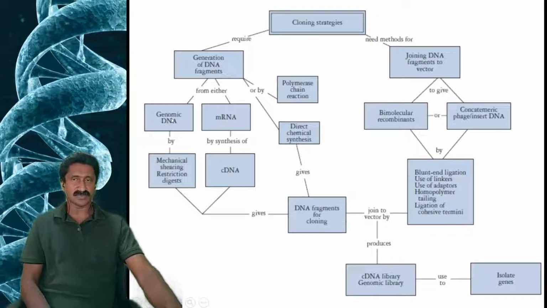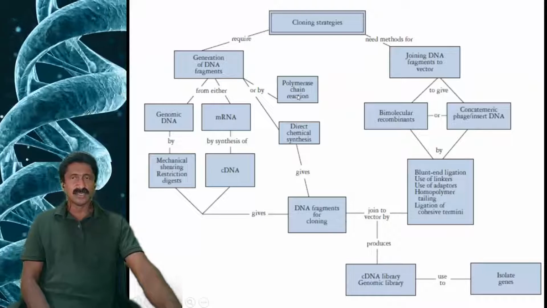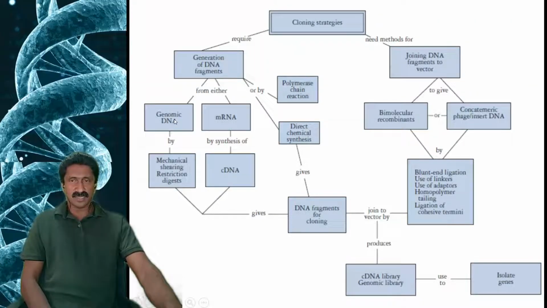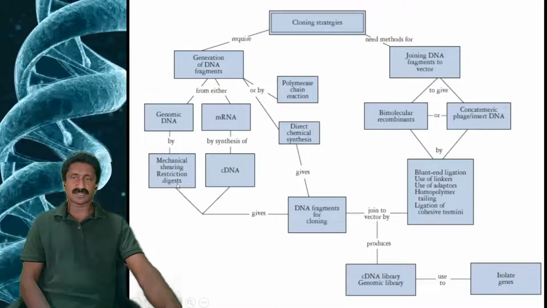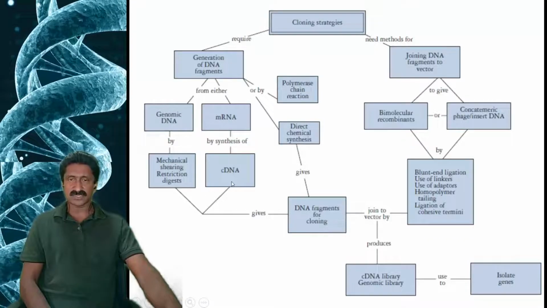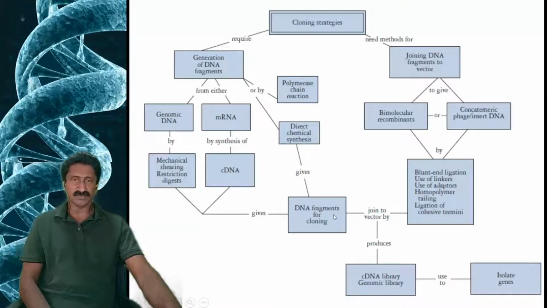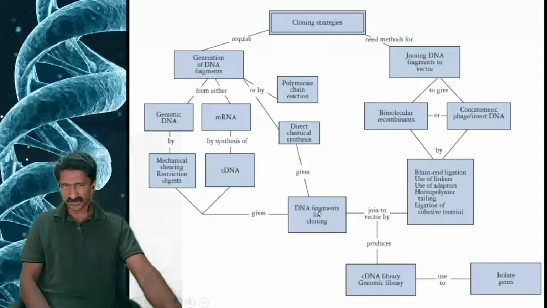From genomic DNA, you can use mechanical shearing or restriction digestion. And from mRNA, you can use cDNA synthesis, which gives DNA fragments for cloning.